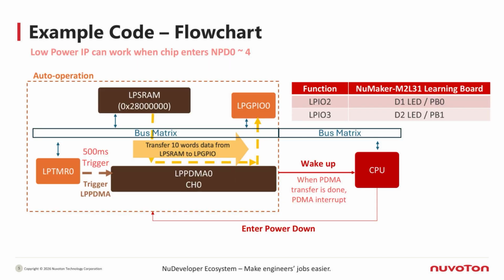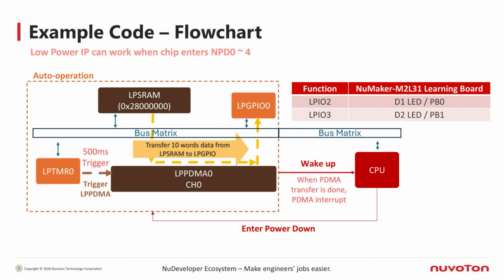Let's quickly go over the overall flow of this example program. First, we use a low-power timer to trigger low-power PDMA channel 0 every 500 milliseconds. Once the PDMA is triggered, it automatically transfers the pre-stored pattern data from low-power SRAM to the low-power GPIO.